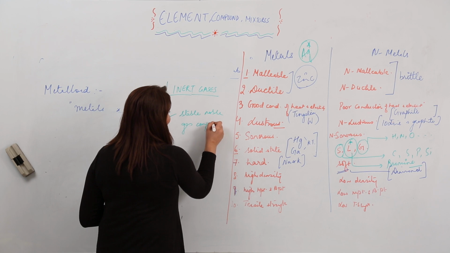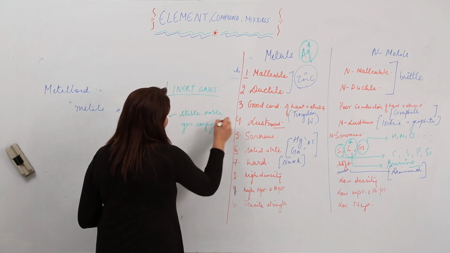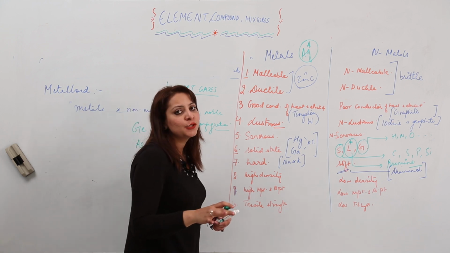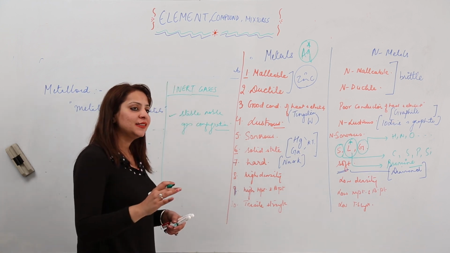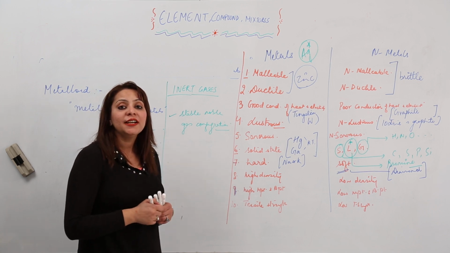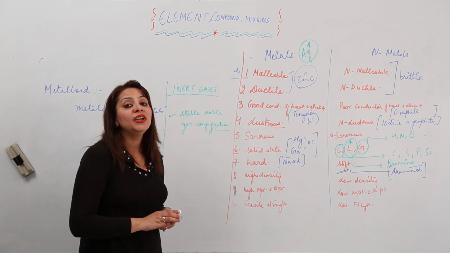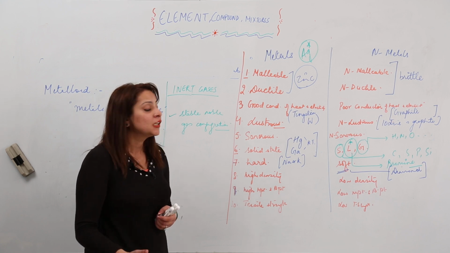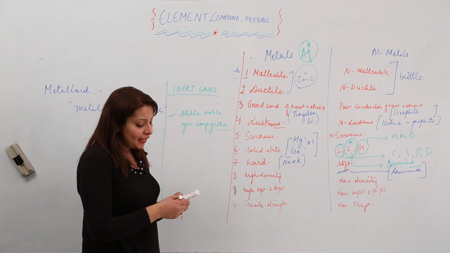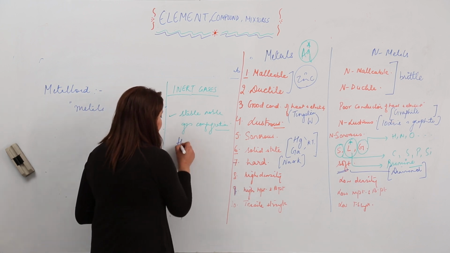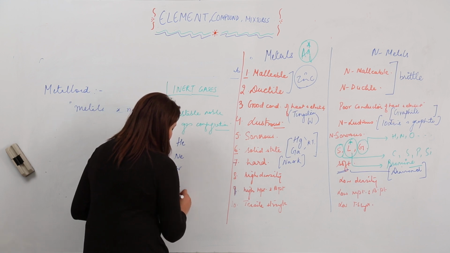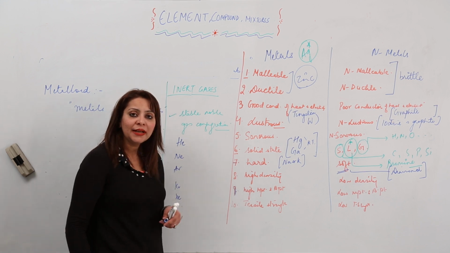That is why they are also called noble gases, because their octet is entirely complete, and in case of helium it is a duplet. In case of the rest of the members the octet is fully filled. They don't need to combine with other elements. So that is why their valency is 0 and they are called inert gases. I am just listing examples for you: helium, neon, argon, krypton, xenon. So likewise we have noble gases.